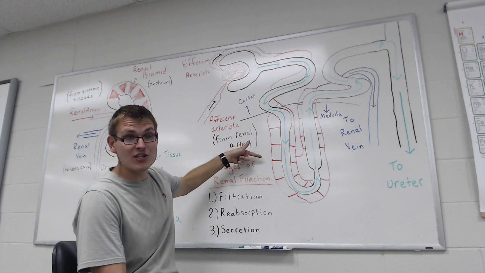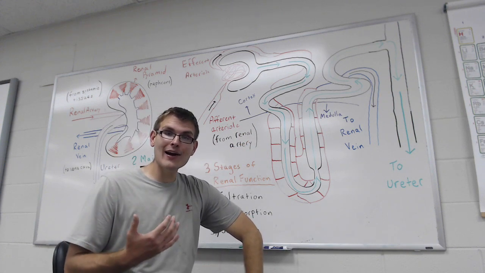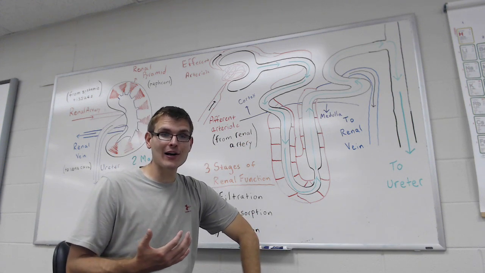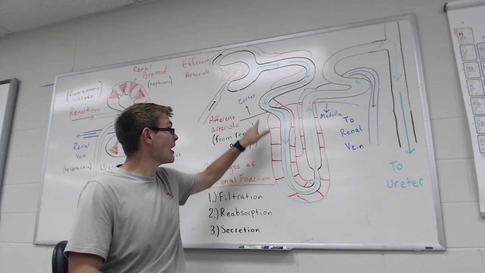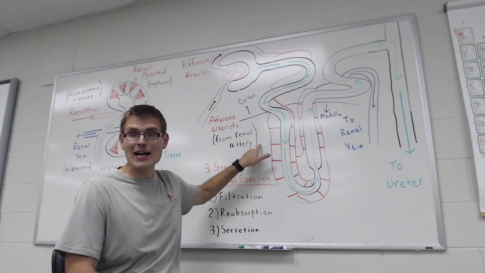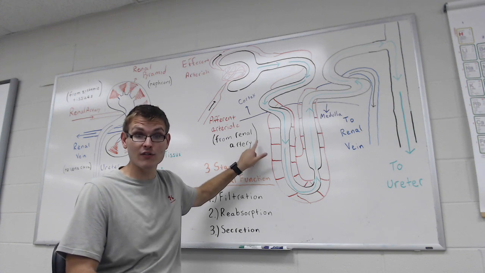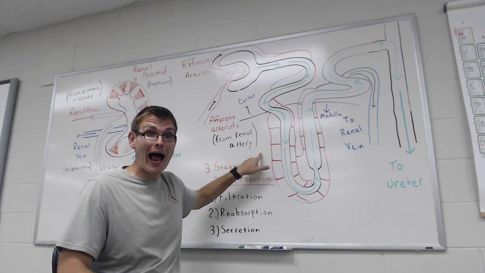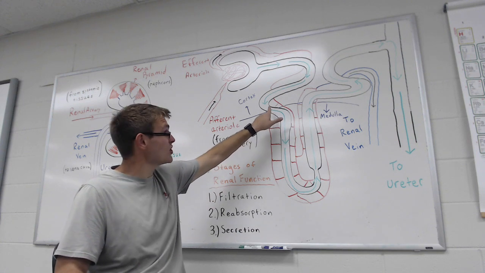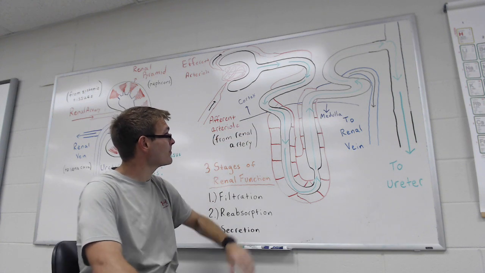Once you get into the medulla, the osmolarity is going to change. The osmolarity of the interstitial fluid here is not going to be 300 milliosmoles like it was up here. It's actually going to be somewhere between 1200 and 1400. So the interstitial fluid here is going to be hyperosmotic to the filtrate that comes in.